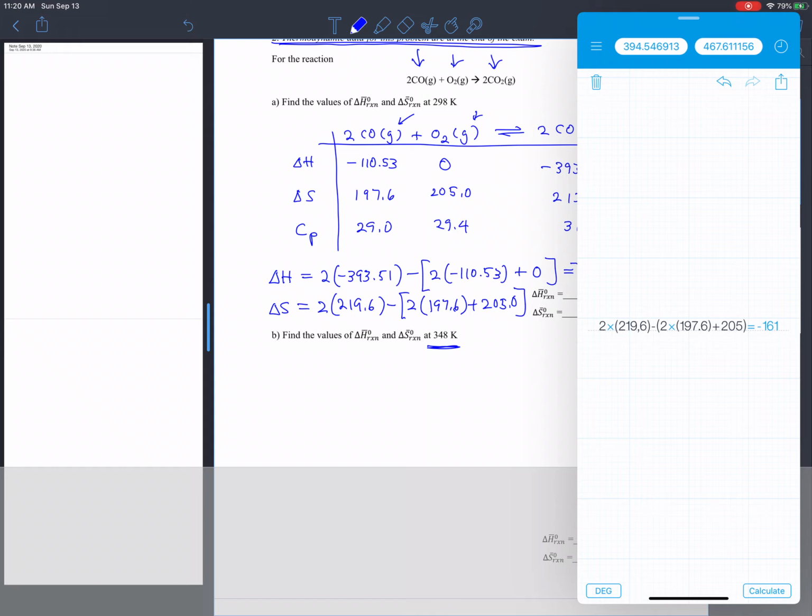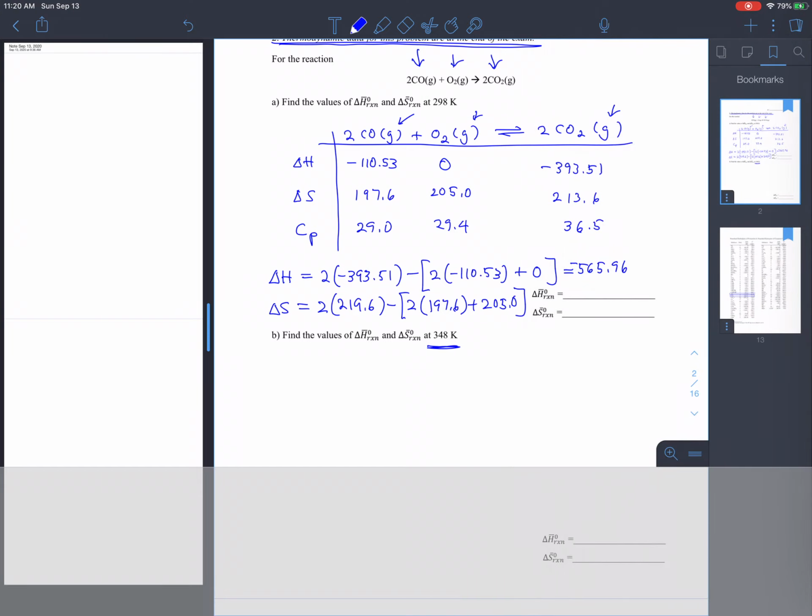And that is, oh crap, minus 161. Let me make sure that that's really right. I think that's right. Yeah, okay, so minus 161 joules per K. All right, so those are our two answers for the first part.